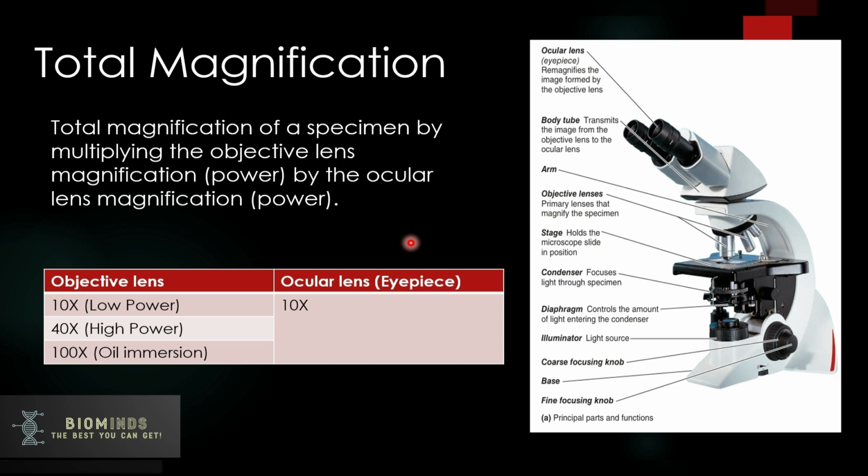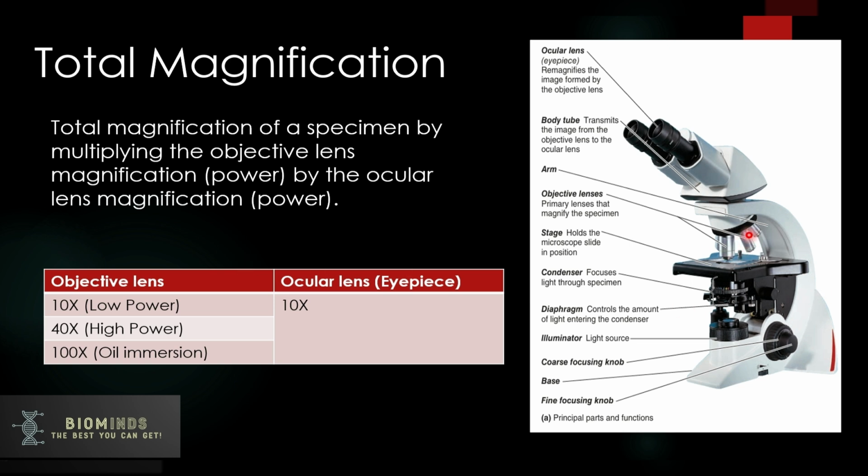If you want to observe things larger than microorganisms, then you need a low magnification power. Total magnification is the magnification of a specimen obtained by multiplying the objective lens magnification by the ocular lens magnification.